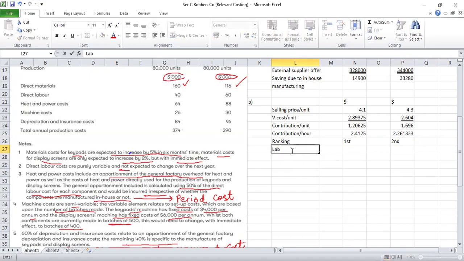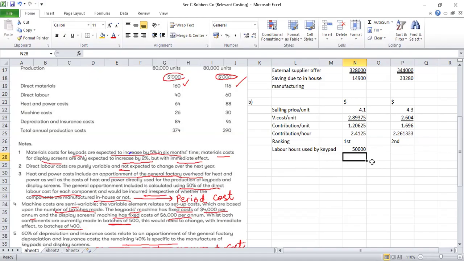Labor hours used by keypad is equal to 100,000 times 0.5. We are trying to increase the demand: 50,000 hours are used by keypad.